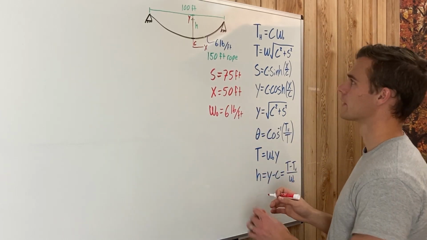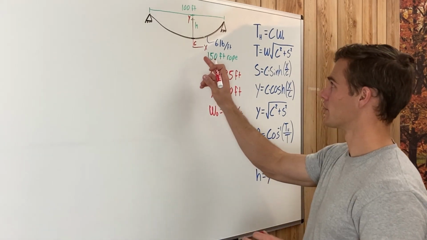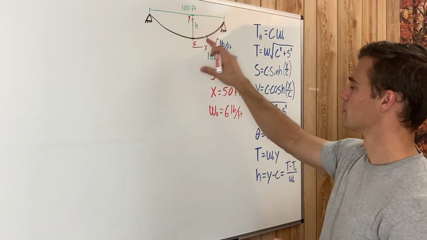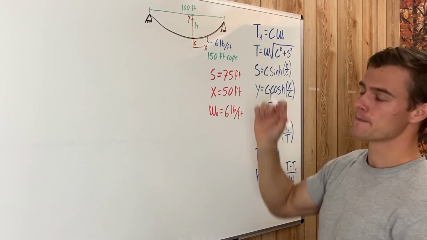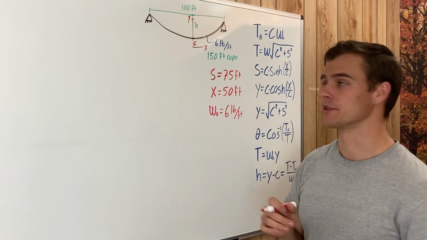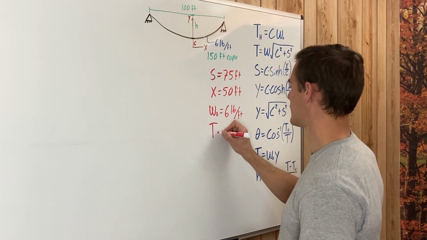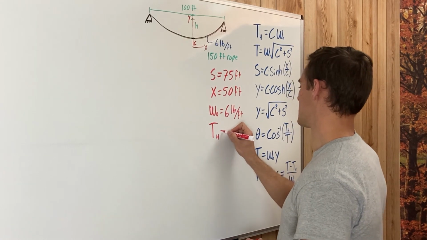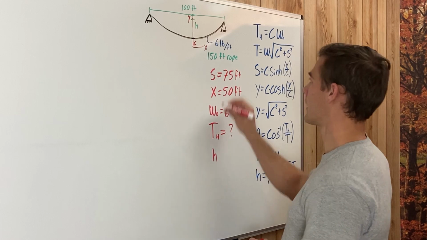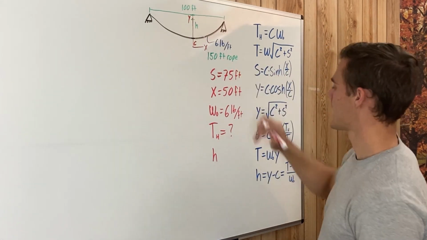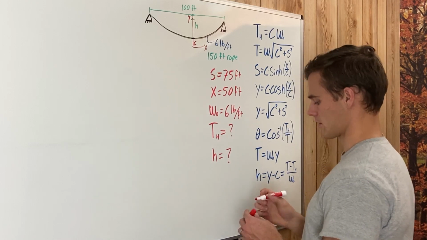Now we're looking for the minimum tension in the rope, and that is going to occur when the slope is the least, which happens right here in the middle, and that will be just the horizontal tension. So our T sub H, horizontal tension, is one of the variables we're looking for, and then our H, which is the sag, is the other variable we're looking for.